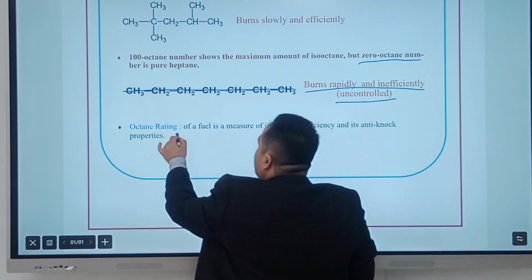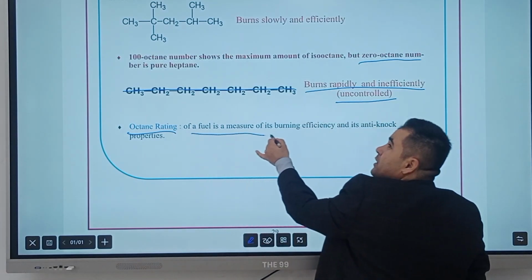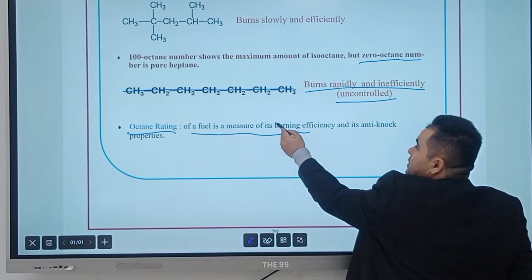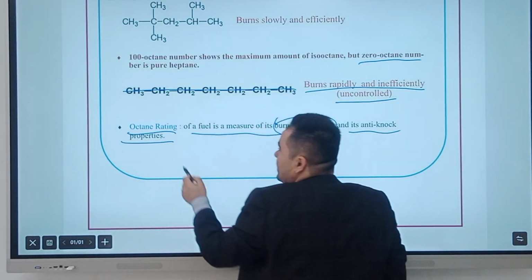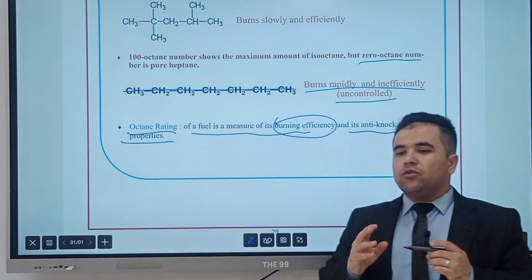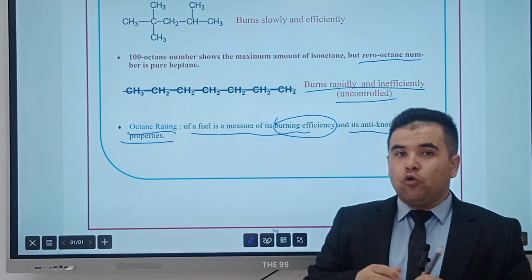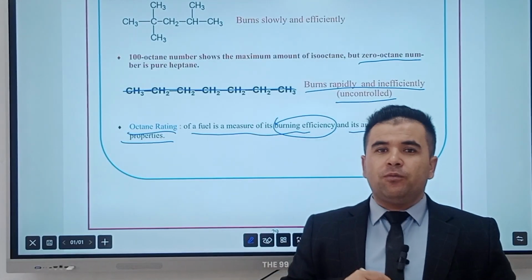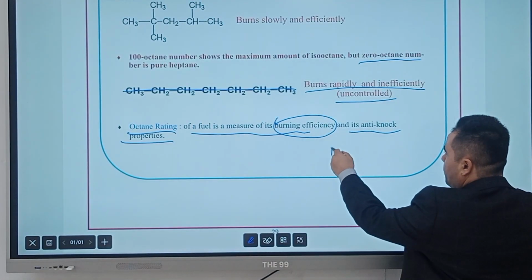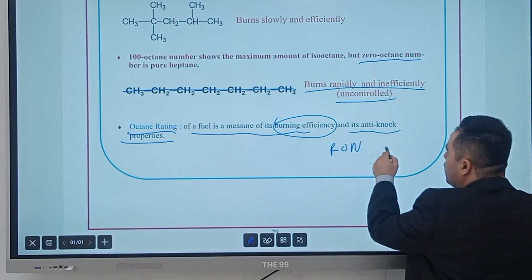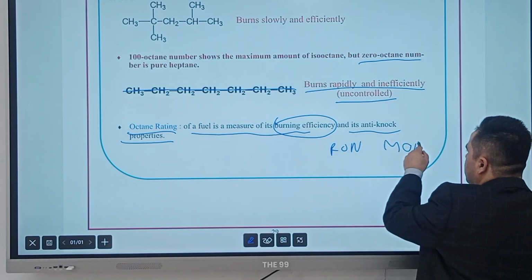What's the octane rating? The octane rating of a fuel measures the burning efficiency and its anti-knock properties. We have octane number or octane rating. Octane number can be represented by two scales, we call RON, or MON.